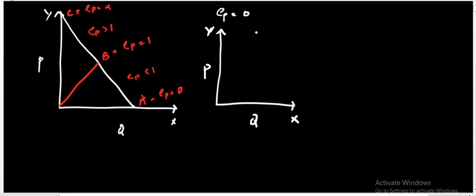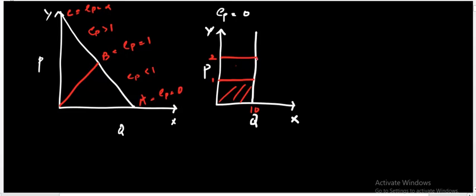Now elasticity is equal to 0 when the quantity is not responsive to the change in the price. Say, for example, I change the price from 1 to 2, but the quantity demanded is 10. When the price was 1, the quantity demanded was 10.